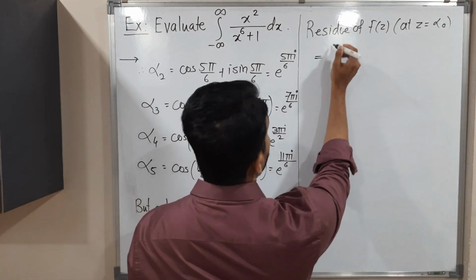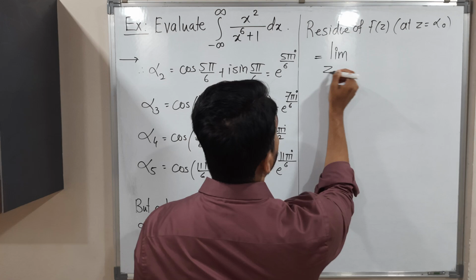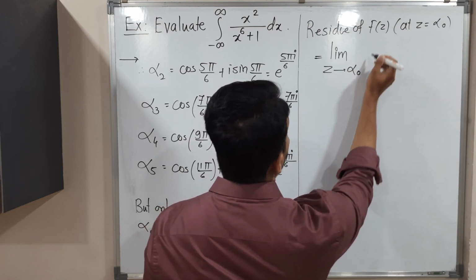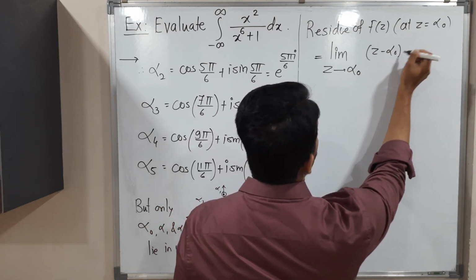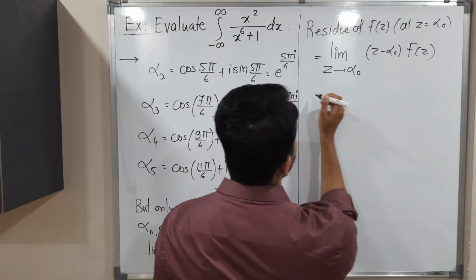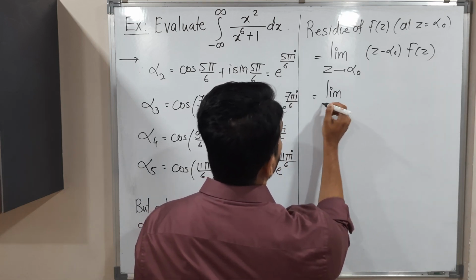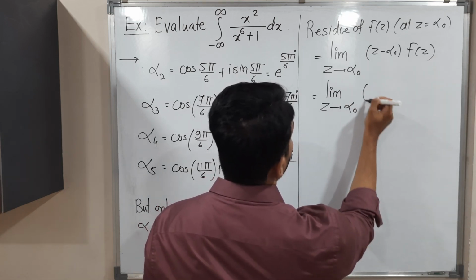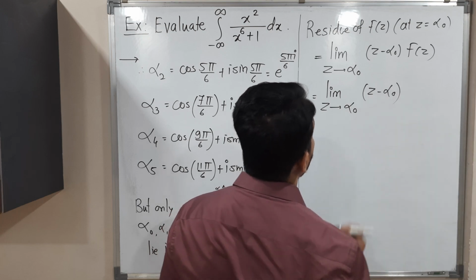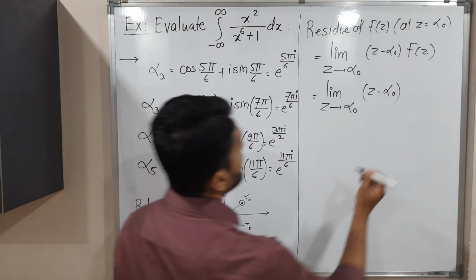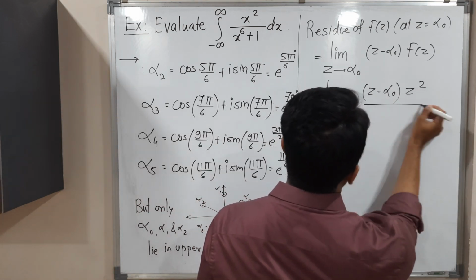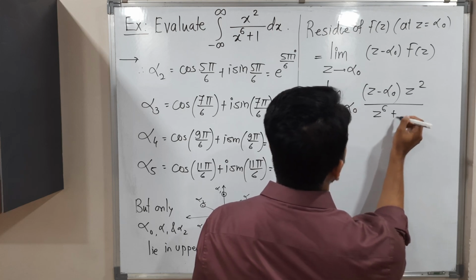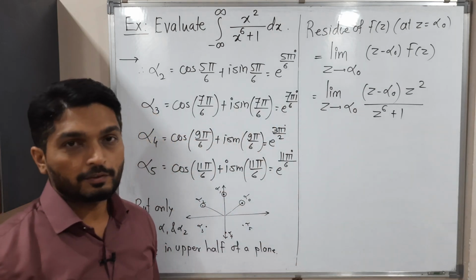That formula is limit z tends to alpha naught, z minus alpha naught, f of z. So this is equal to limit z tends to alpha naught, z minus alpha naught. What is my f of z? My f of z was z square upon z raised to 6 plus 1.